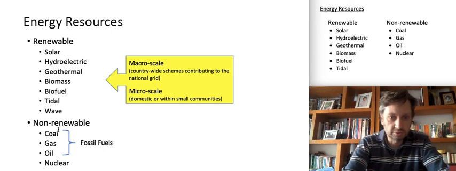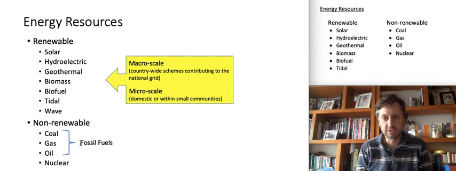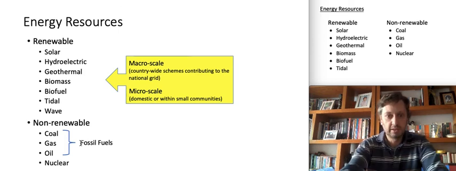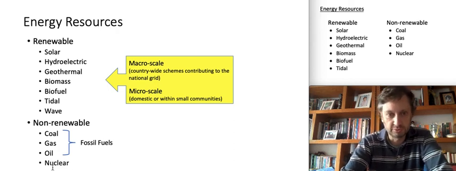Under non-renewables, fossil fuels, so called because they actually come from fossilized plants or animals, are coal, gas and oil. And then separate to that, because it's not a fossil fuel but it is a non-renewable resource technically, is nuclear power.